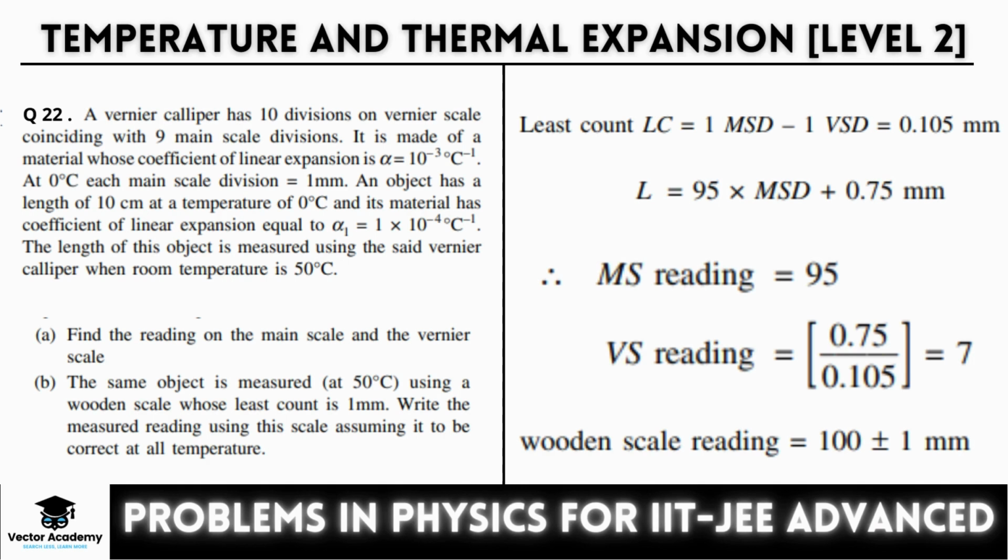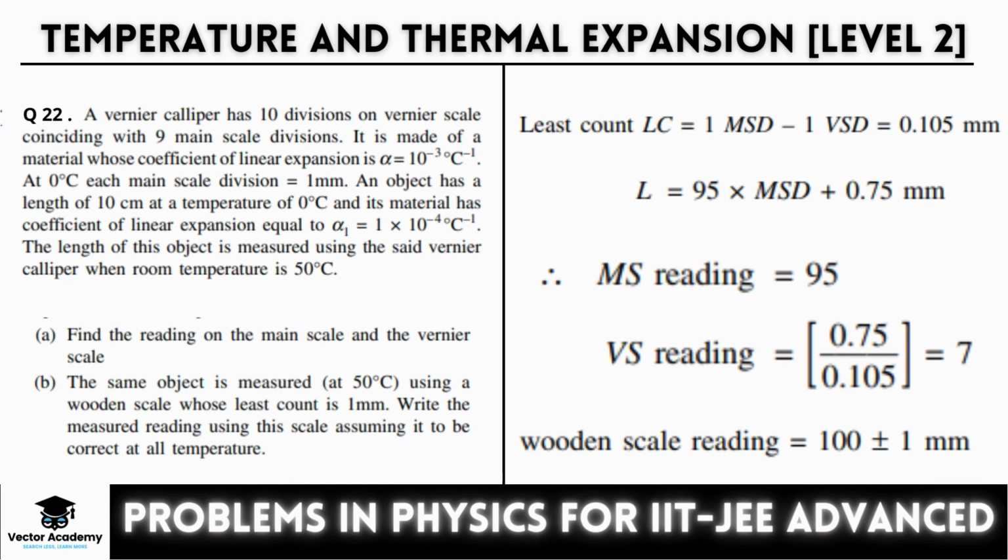Since the length of the object at 50 degrees Celsius becomes 100.50 millimeters, we can write L equals 95 times main scale division plus 0.75 millimeters. So, main scale reading equals 95.